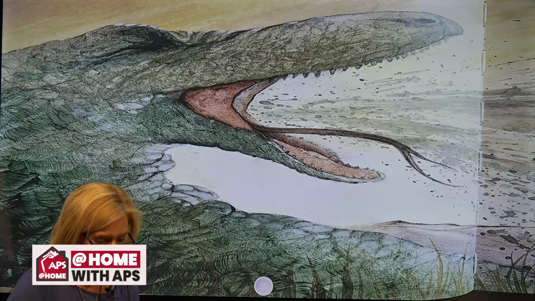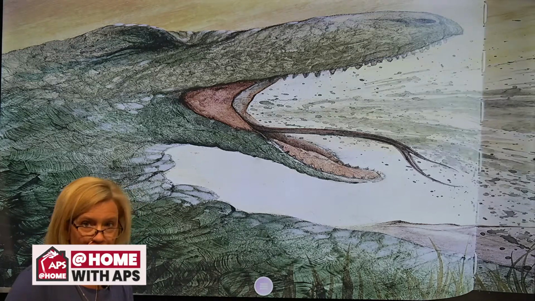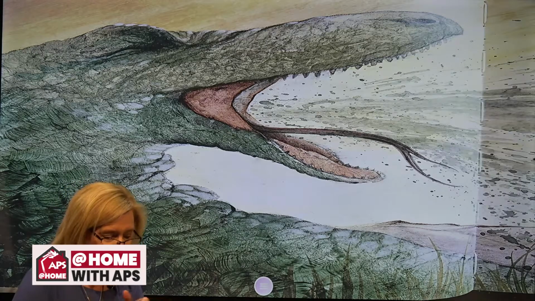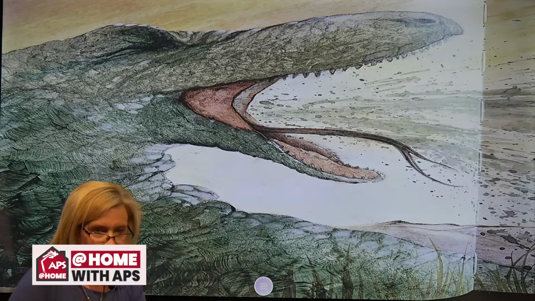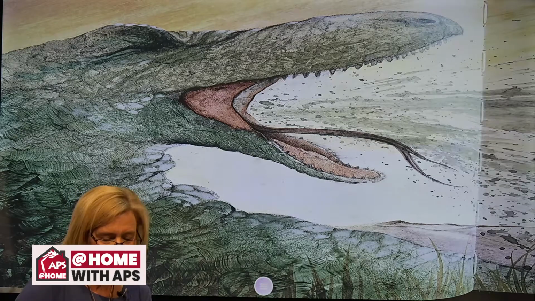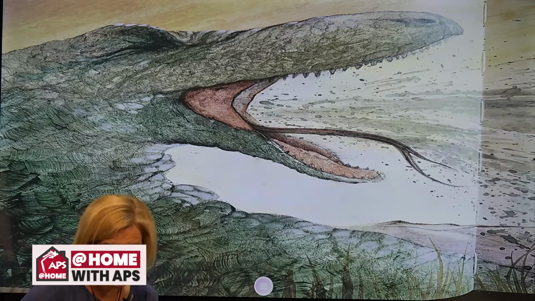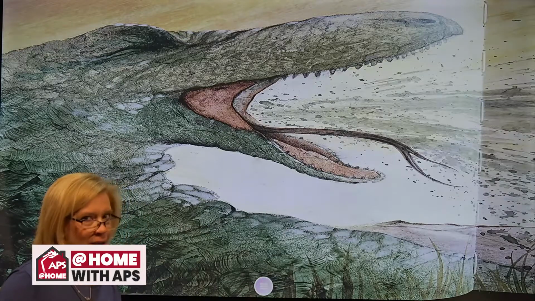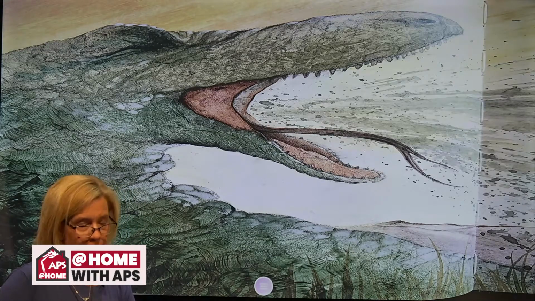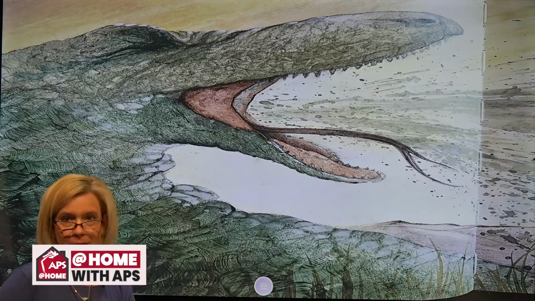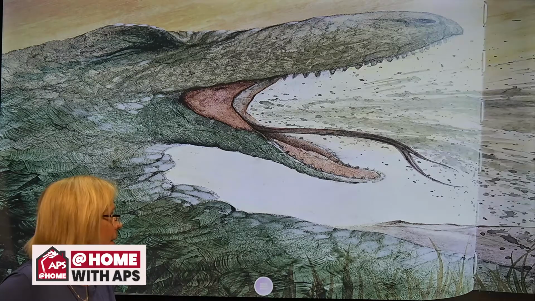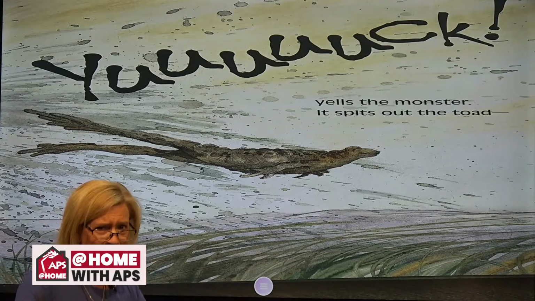Our poor toad. But do you remember? Back a few pages, he's nasty, septic, toxic, and bitter, which means our monster is not having a good lunch today. He's not happy, and he is like, yeah!